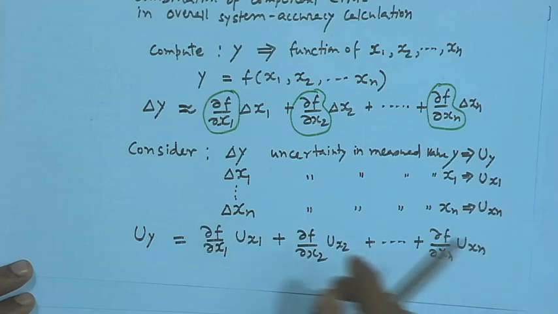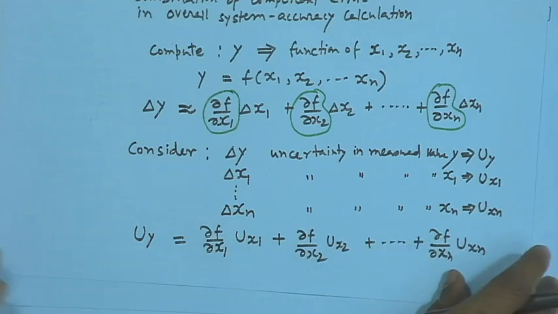Now, the maximum value of uncertainty will be when all the uncertainties happen to have the same sign.